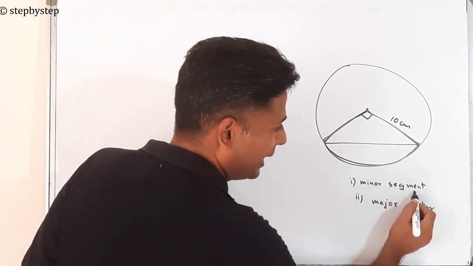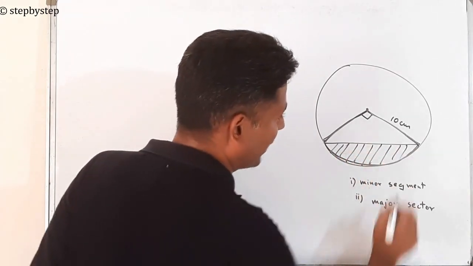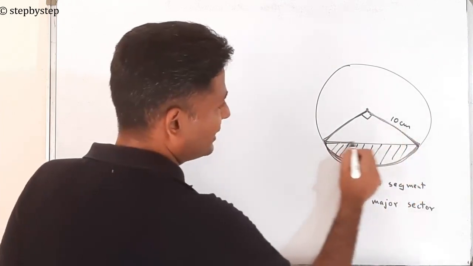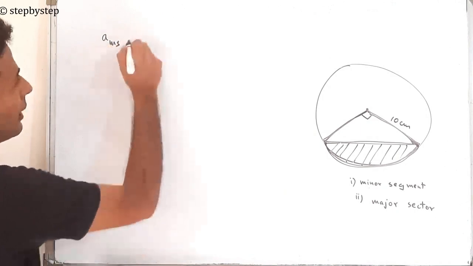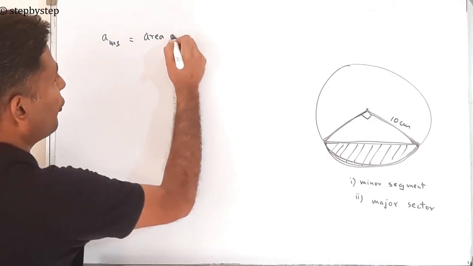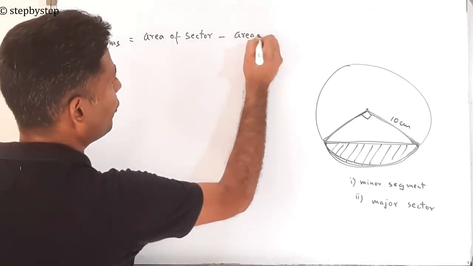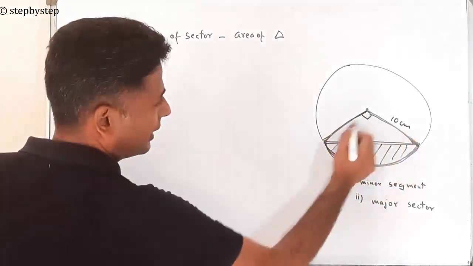But they have asked us to find the area of the minor segment. So this is the minor segment. How will we find the area of the minor segment? Area of the entire sector minus area of this triangle. So area of minor segment is area of sector minus area of triangle, right? This whole thing minus area of this thing.